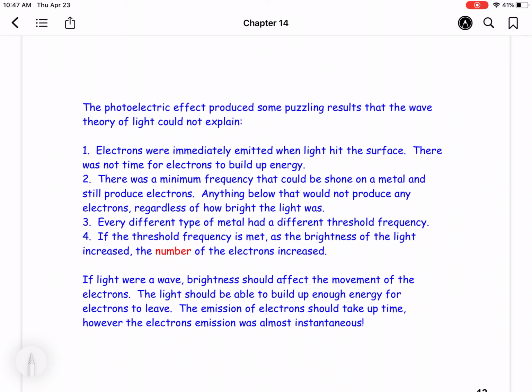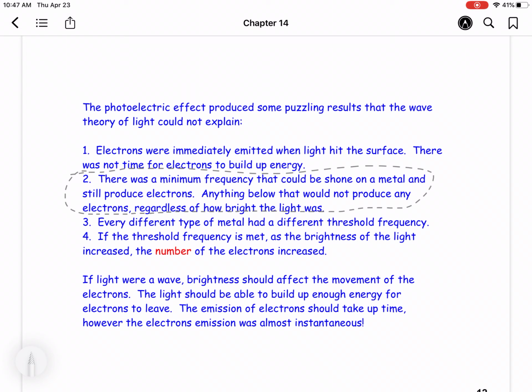When light hit the surface, the electrons were emitted immediately. So there wasn't time for energy to build up or anything like that. There was a minimum frequency that could be shown on metal that could produce electrons.